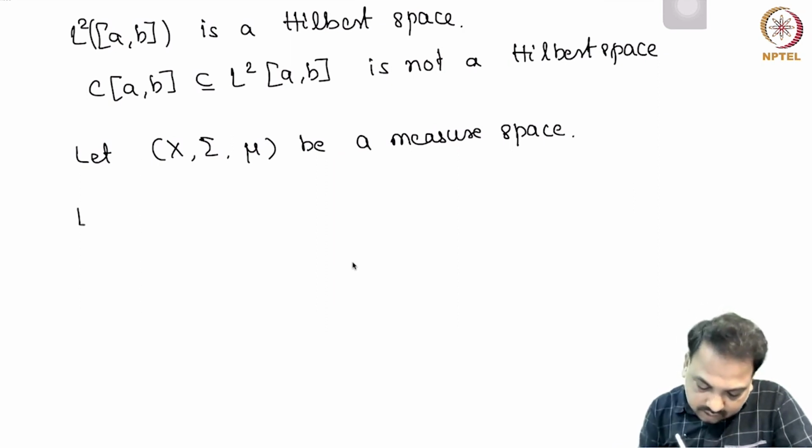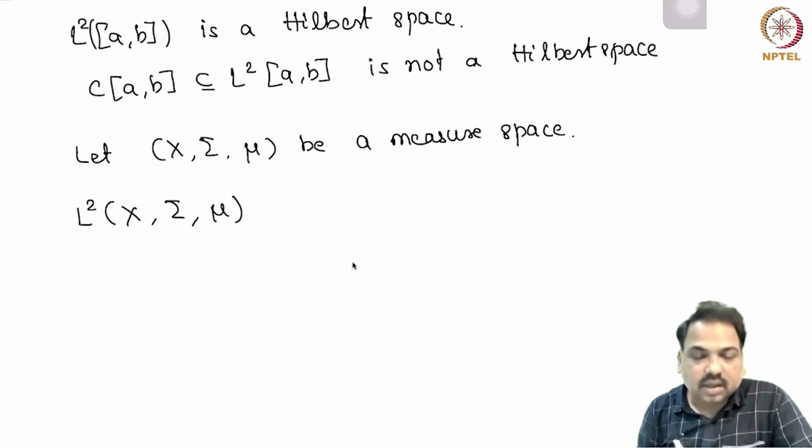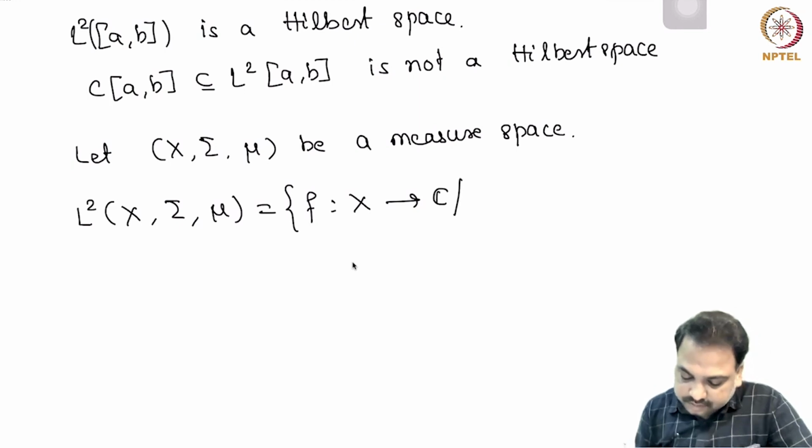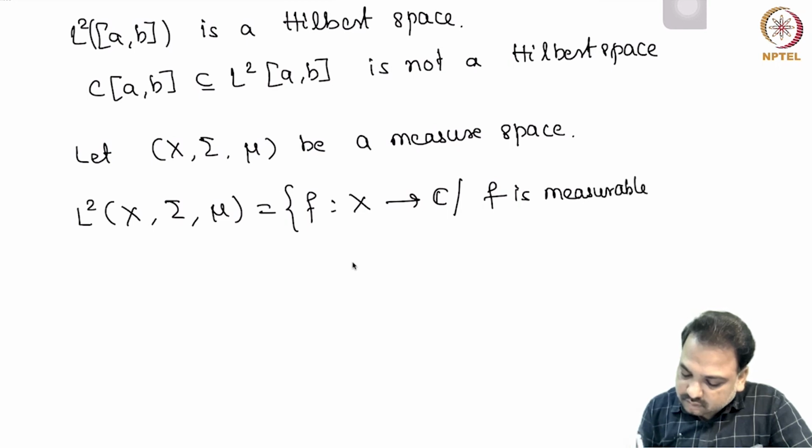So we can define L2 of (X, sigma, mu) as in the earlier case. This is the set of all functions from X to C, f is measurable, and integral of mod f square d mu is finite.